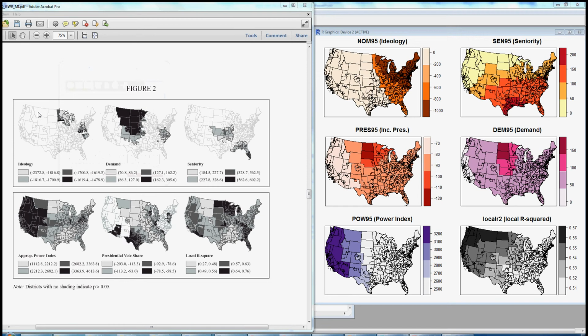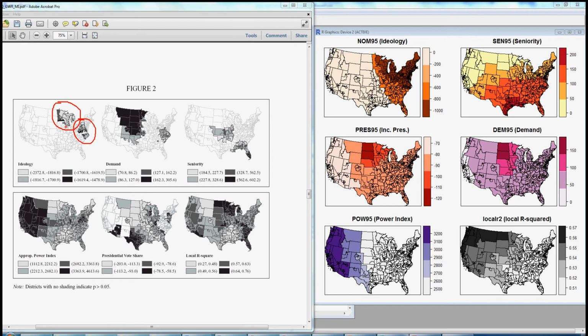So looking first at ideology, we could take a red pen here and note that the statistically significant effect of the ideology predictor in the original article was quite constrained to only portions of the West Coast and then portions of northwestern Michigan, Wisconsin, and almost all of Minnesota.